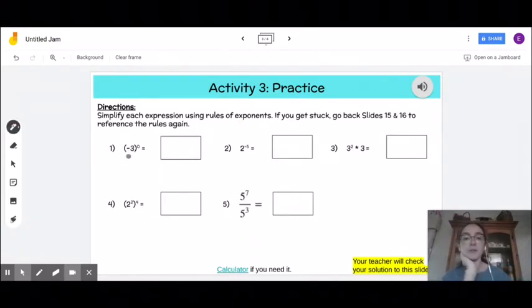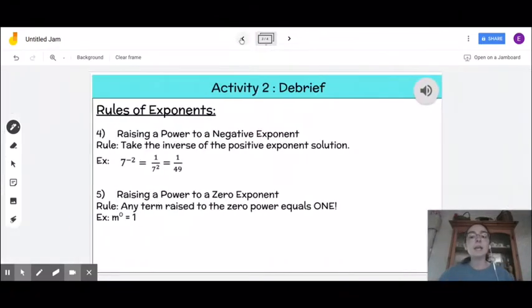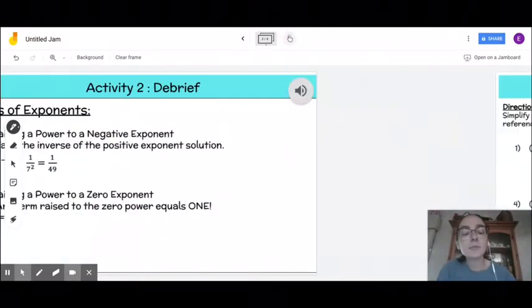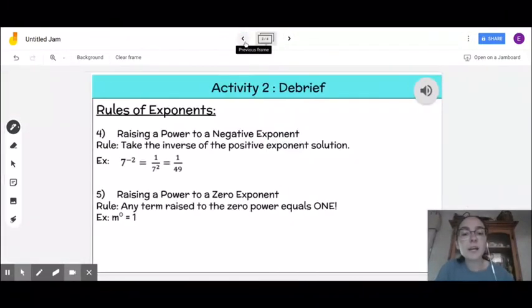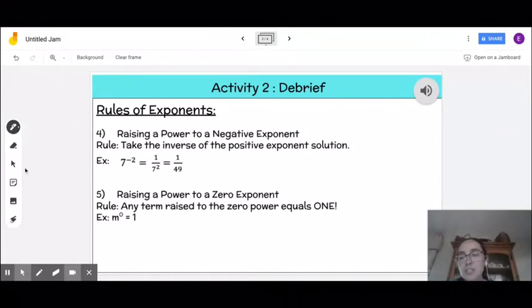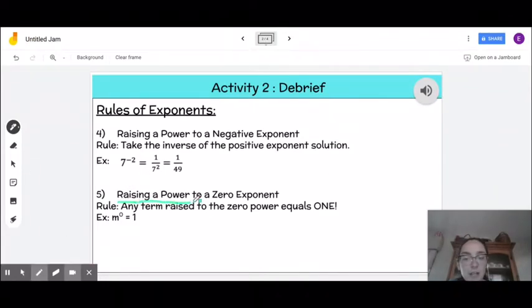If we look back at slide number 15, it says what to do when we have a number to the 0 power. This one talks specifically about raising to a power of 0 exponent, right?